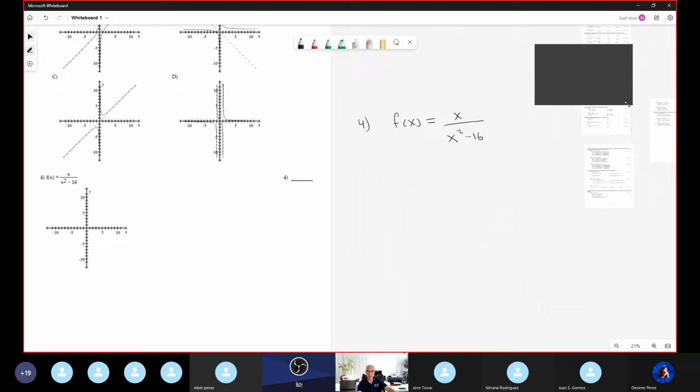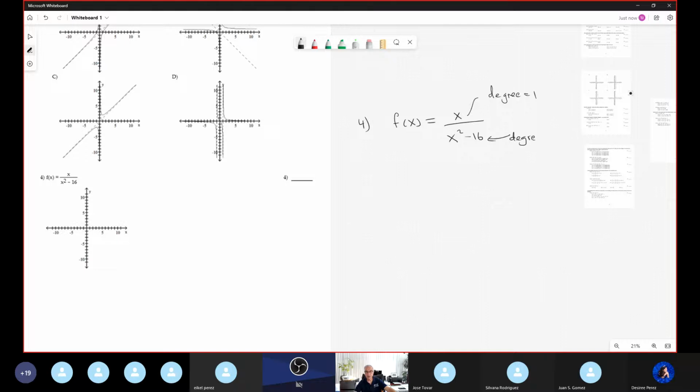See, I'm doing the analysis of the degree. The degree of the polynomial in the top is 1, and the degree of the polynomial in the bottom is 2. I'm doing the corresponding analysis for the slant asymptote or horizontal asymptote.